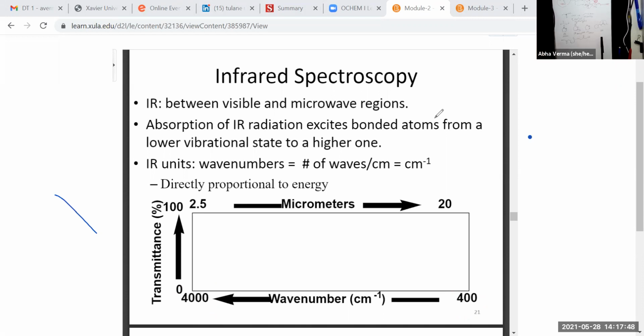Now, if you look at the wave numbers that are indicated here, what is a wave number? A wave number is the number of waves per centimeter. Let's imagine there is a box with the area of 1 centimeter.